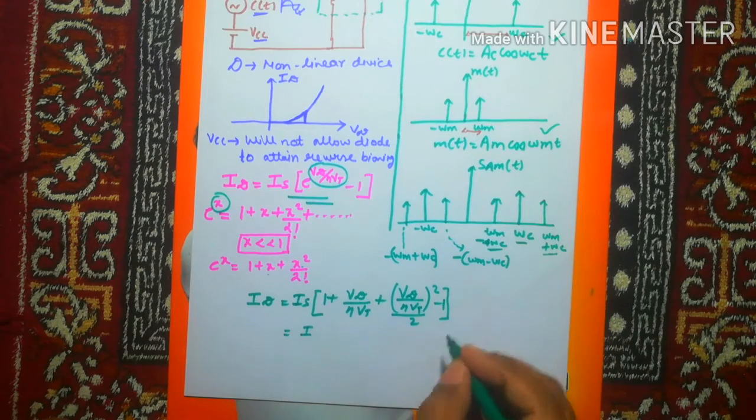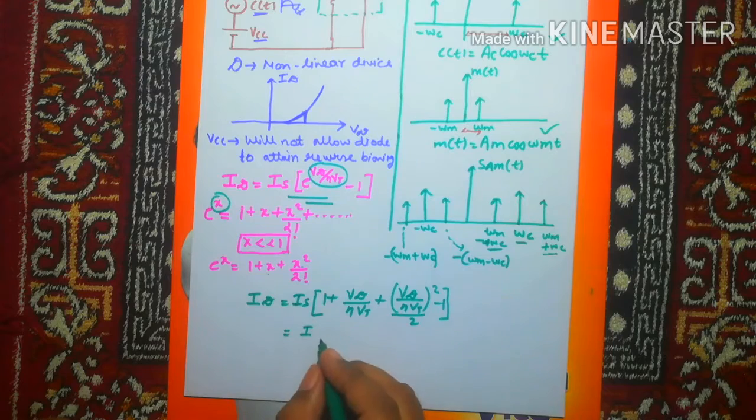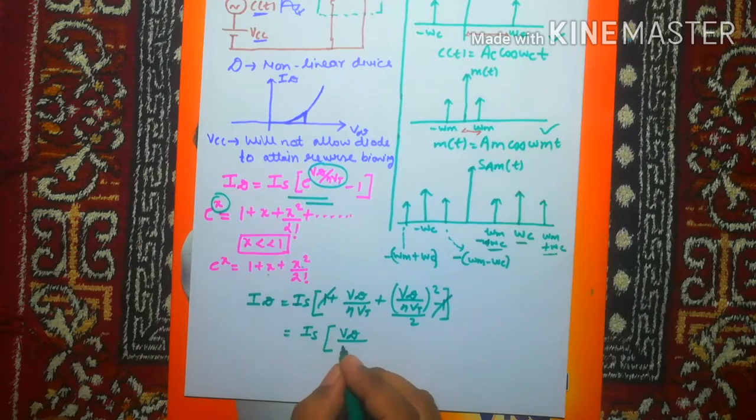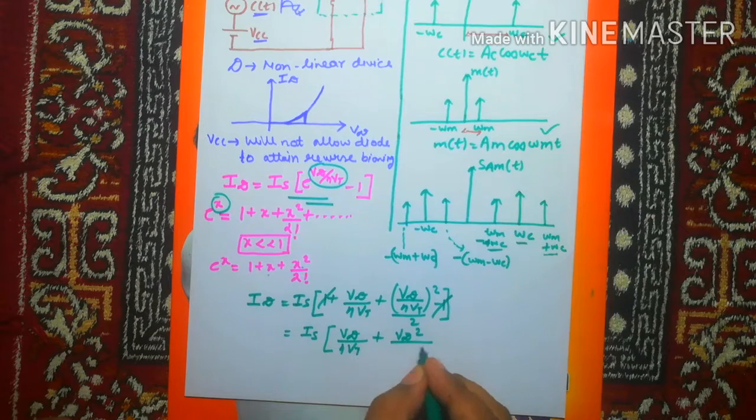The 1 and minus 1 get cancelled. This has to be Is times Vd upon eta Vt plus Vd square upon eta square Vt square into 2.